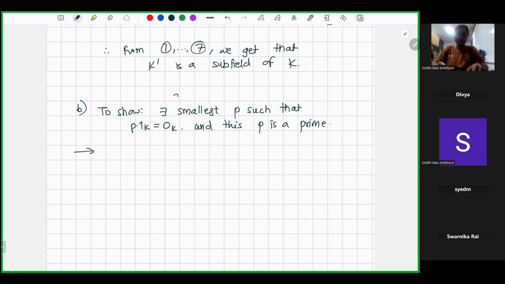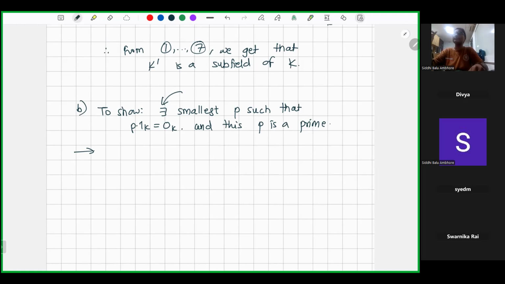First of all, they are saying that there exists a smallest. So we have to show the existence. To show that the smallest of something exists, we first have to show that the existence of such a number is possible, right? To show that the characteristic is there, we first need to show that there exists some number such that when I add my 1k, suppose that number is t times, it becomes 0.